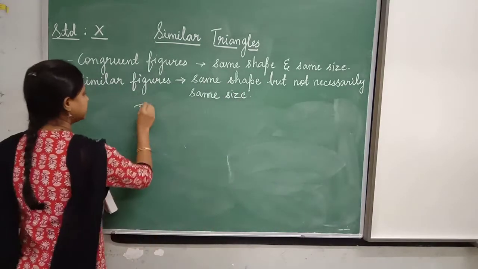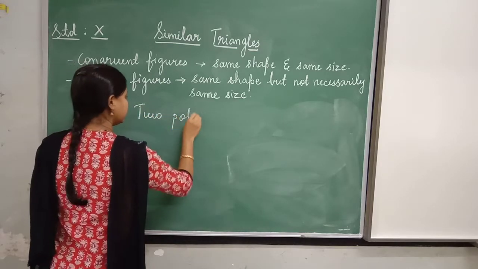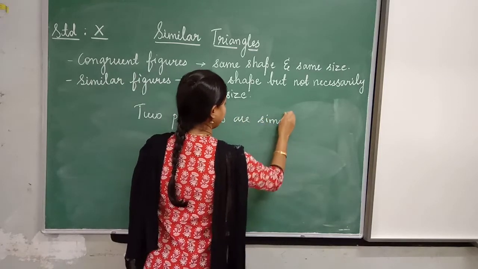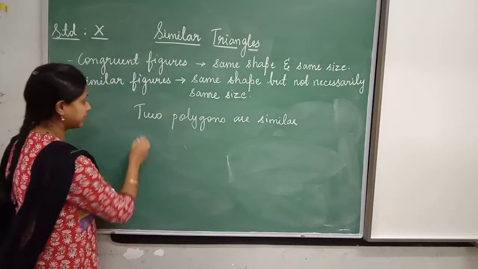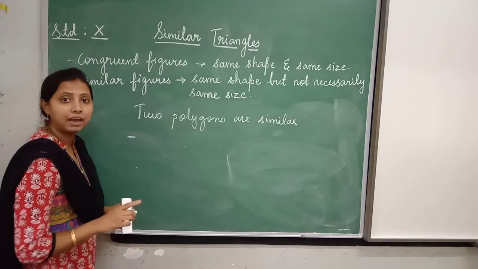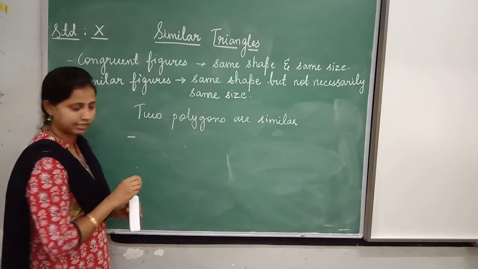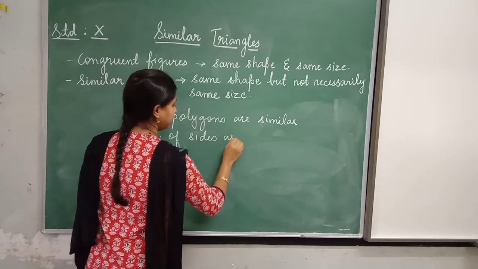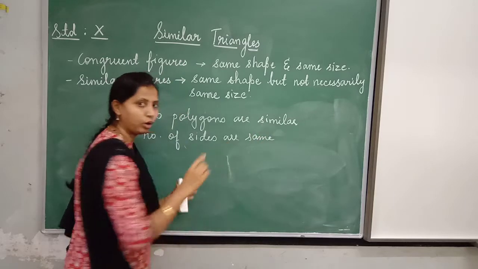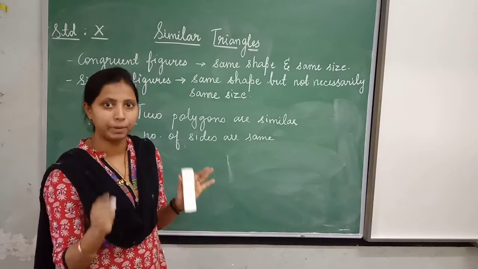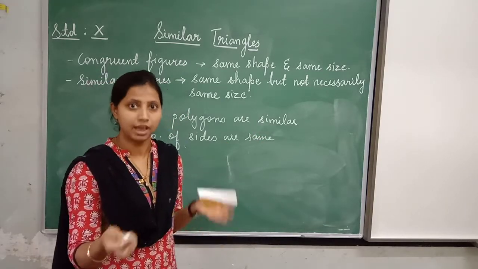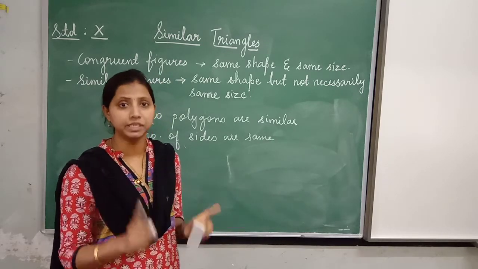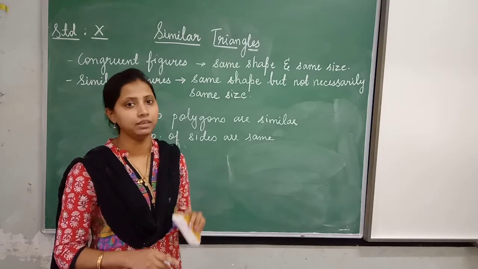Two polygons are similar when they have the same number of sides. A pentagon may be similar only to another pentagon. A pentagon cannot be similar to a hexagon, and a hexagon cannot be similar to an octagon. So the number of sides must be the same for any two polygons to be similar.